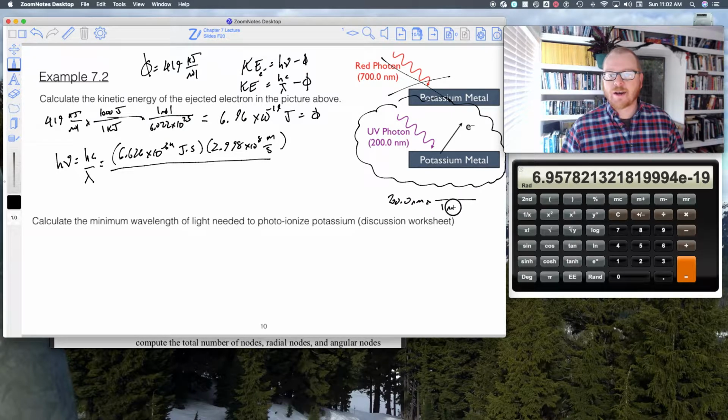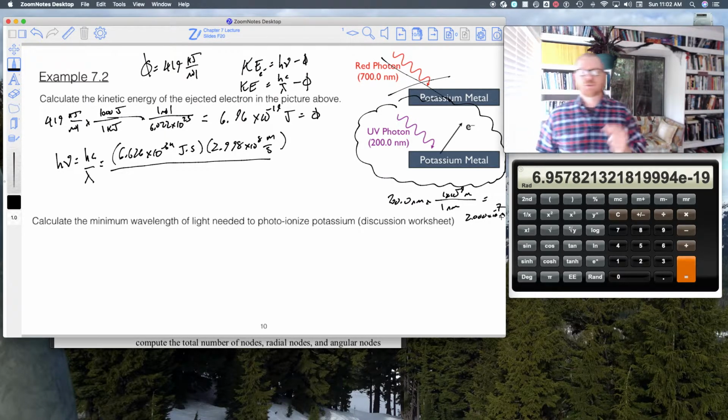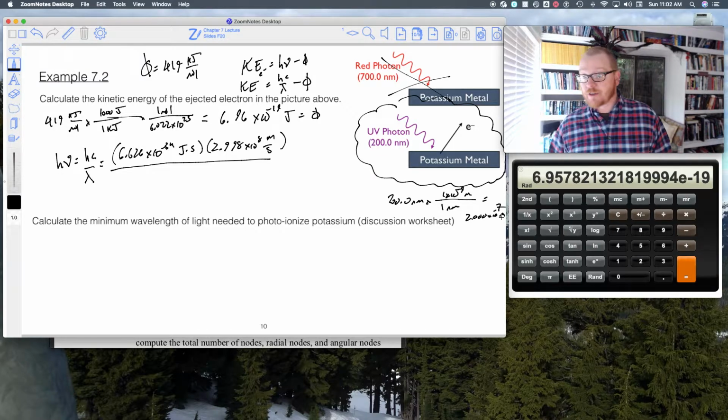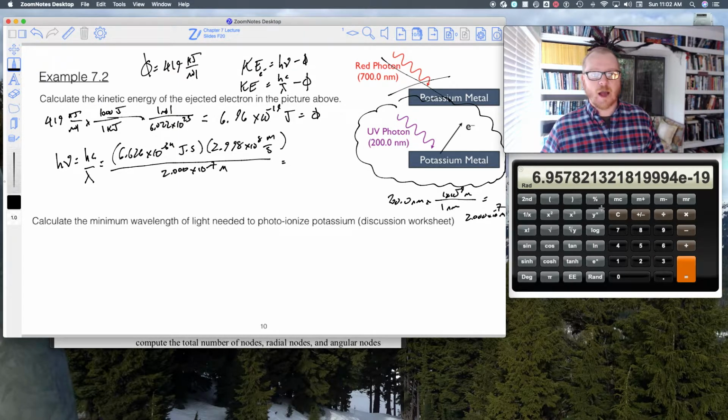So I know 1 nanometer is 1 times 10 to the minus 9 meters, so automatically I know that's 2.000 times 10 to the minus 7 meters. Be quick with those unit conversions, all right? So now that's divided by 2.000 times 10 to the minus 7 meters, which is the same as my 200 nanometers, okay?